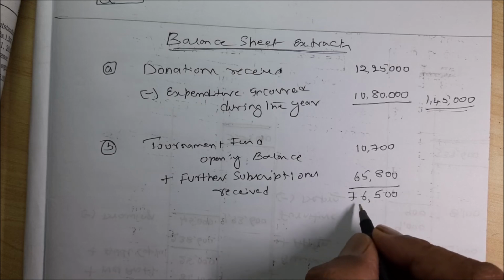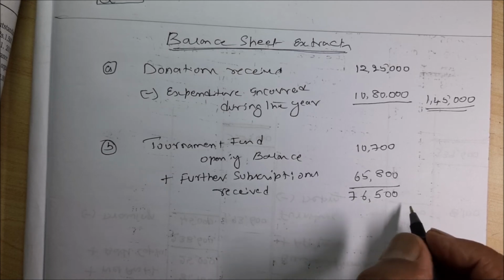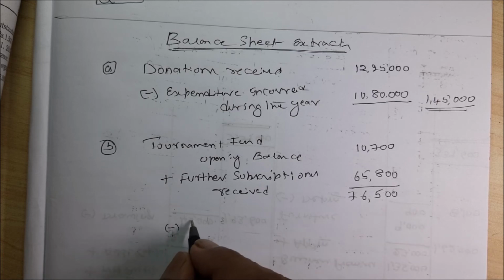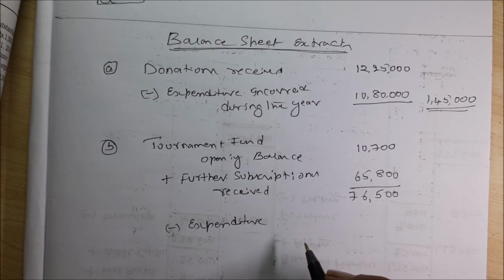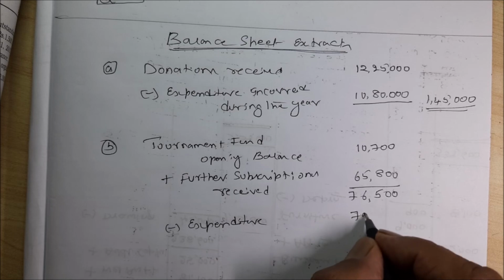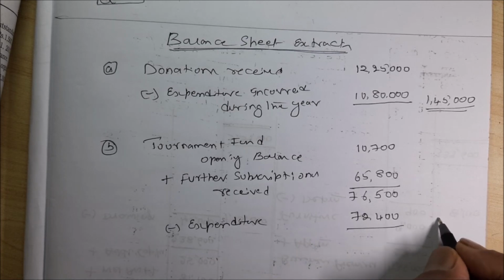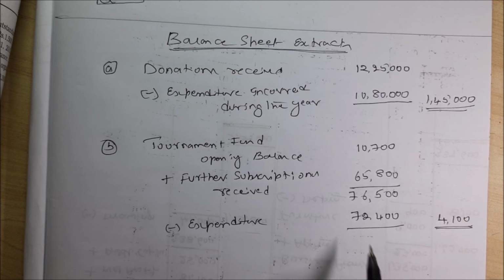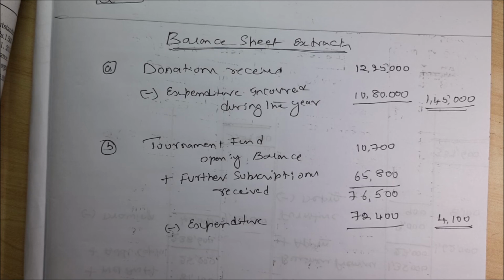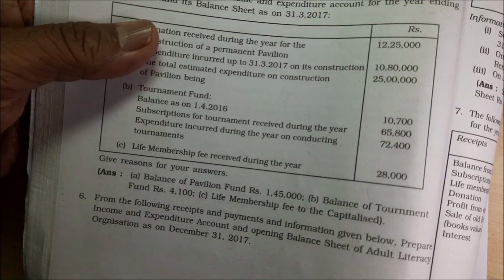It comes to 76,500, less expenditure 72,400. So balance available is 4,100. Balance available is 4,100.